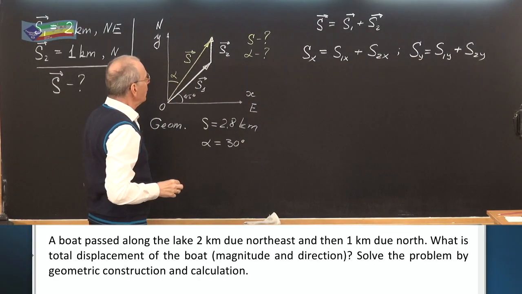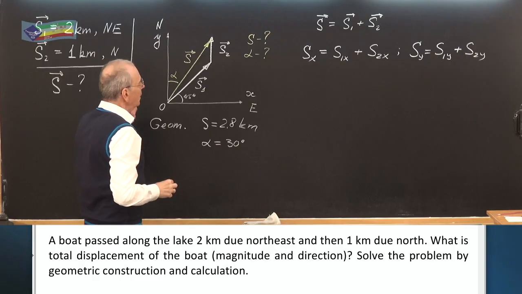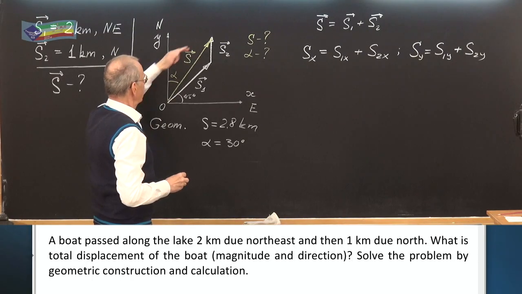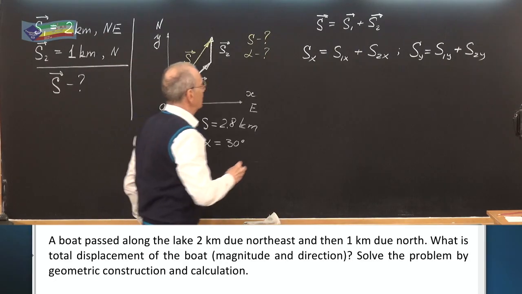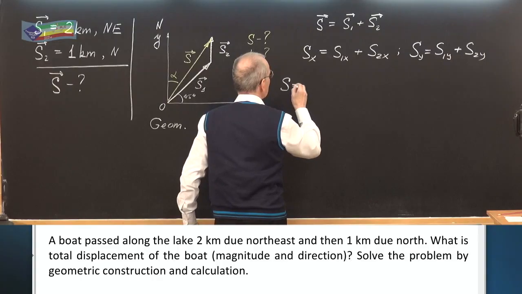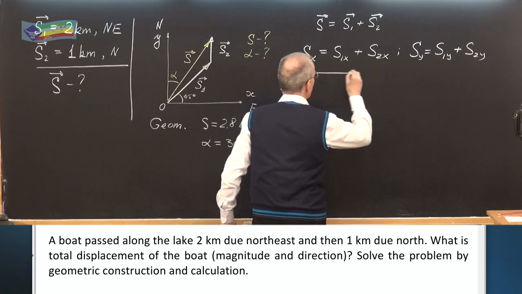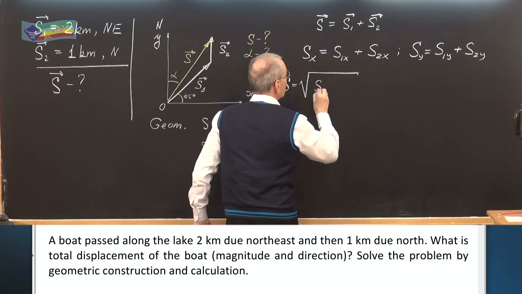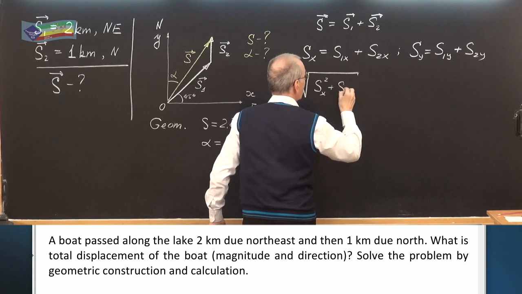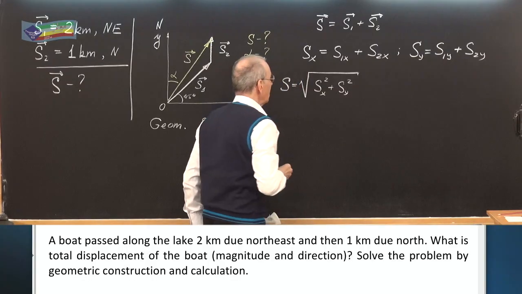If we want to find the magnitude of the S vector, we can write S magnitude is the square root of Sx squared plus Sy squared.